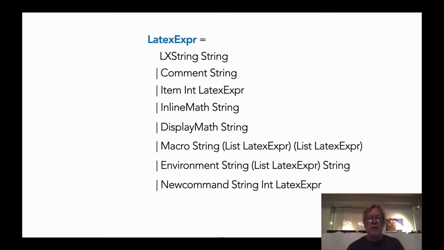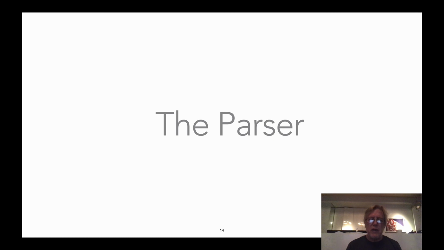And finally, something I added later in the project was the ability to define text mode and math mode macros inside of a MiniLaTeX document. So you have to have a component of the type for that. A new command has a name, it has an integer number of arguments, and then it has a LaTeX expression, which is the body of the macro definition. And then finally, you have LX error to deal with errors, because of course those happen too. So that's really the fundamental element.